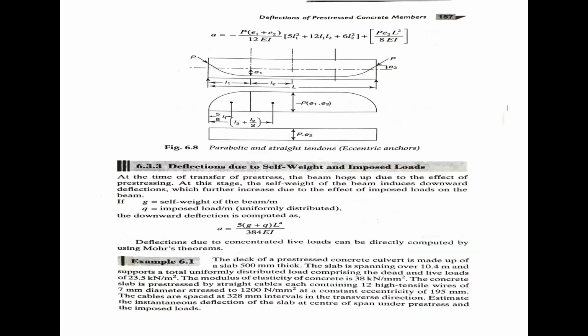Young's modulus of concrete 38 is already given, and this is the I value, moment of inertia, already calculated as 10141 into 10 to the power of 7, and 5 into 0.0335. I have to take the live load and superimposed load as 23.5 kilonewton per meter. Now I substitute in this equation.